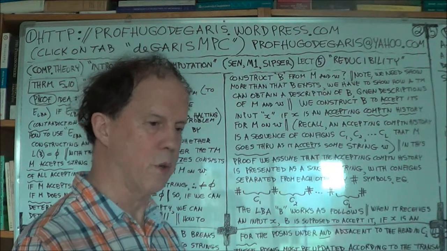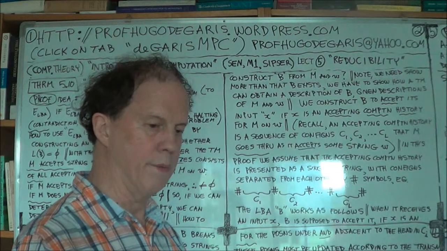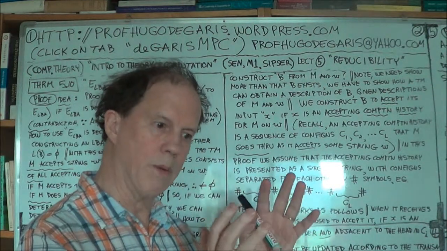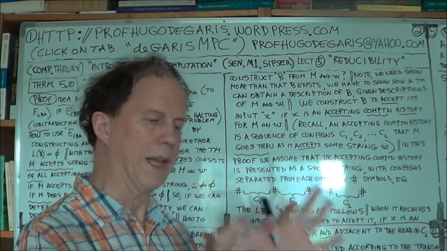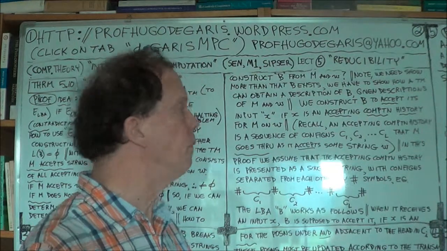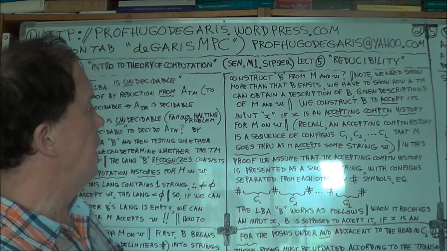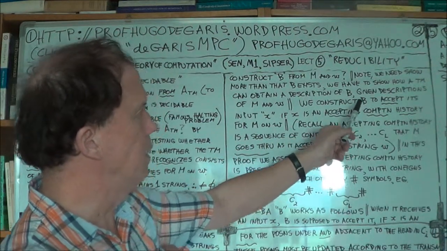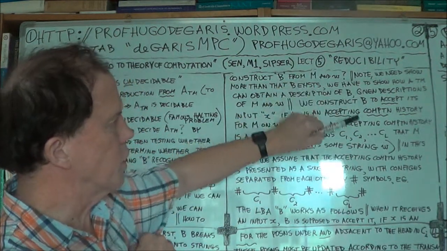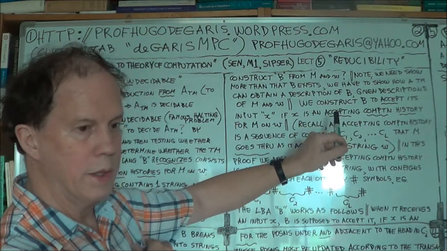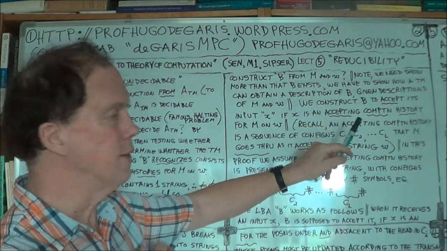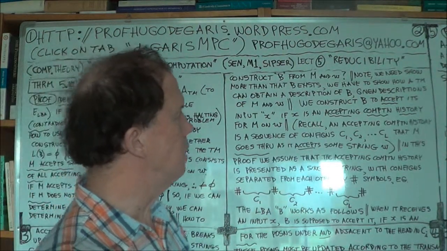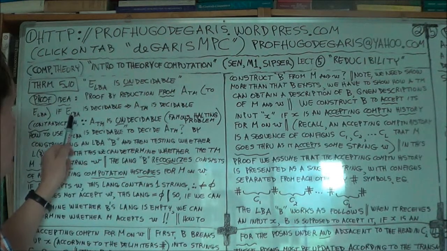So it decides the question: is B's language, L of B, the language of B, empty? Okay. So how to construct B? And once we've got a construction, we can encode what B is, and put that into this one's language.